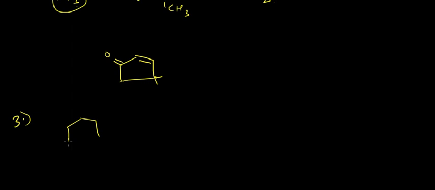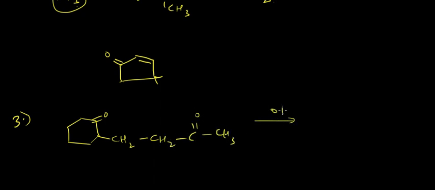What about this example? We have double bond O here, and we have CH2, CH2, C double bond O, and CH3 here. We are reacting it in basic medium, again heating it. So what would be the major product formed? Both are keto groups.